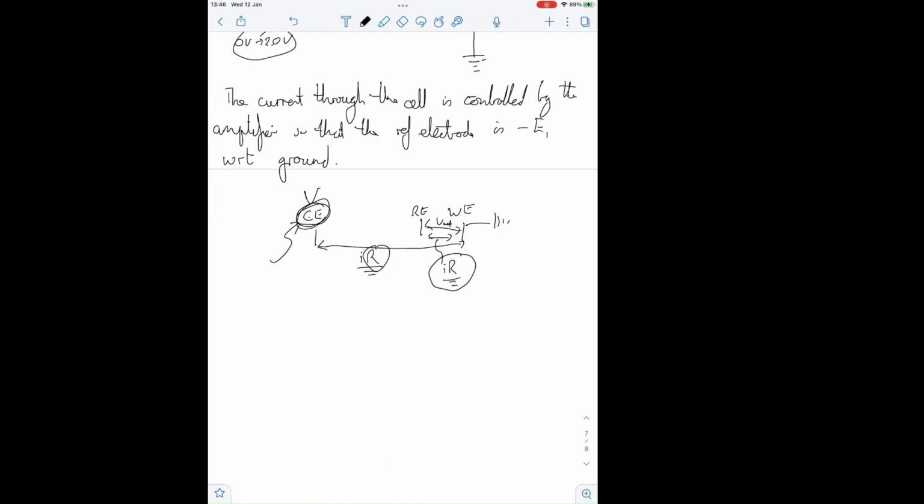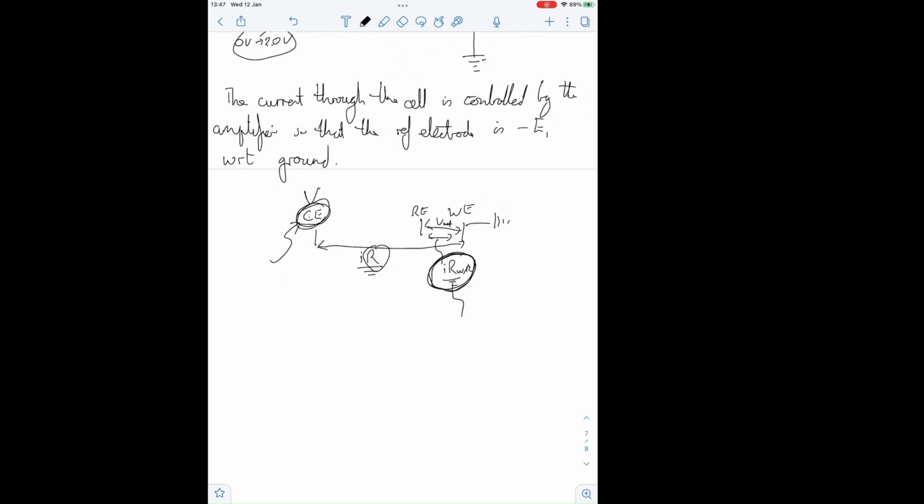So it measures the IR drop between the working and the reference as well. That resistance between the working and reference is part of the potential. So when you apply a potential difference, it's not just the potential difference between the reference and the working, it's the potential difference between the reference, the IR drop, and the working.